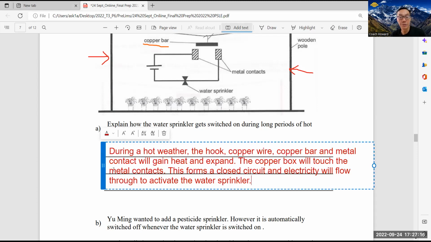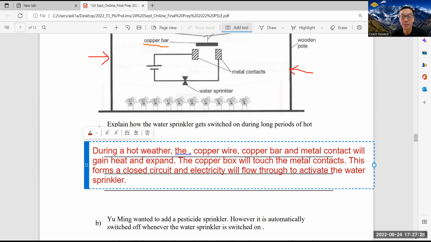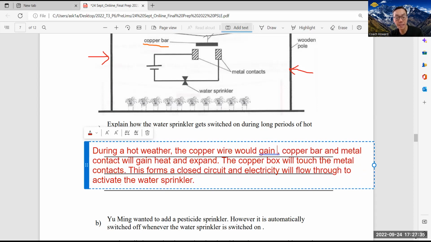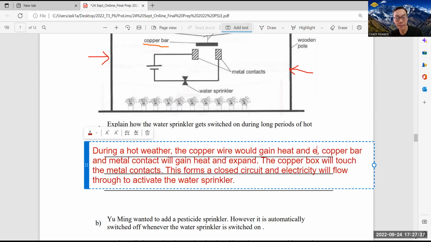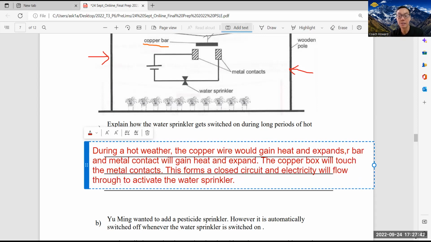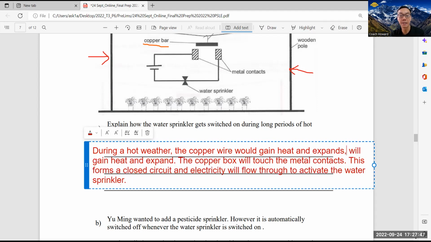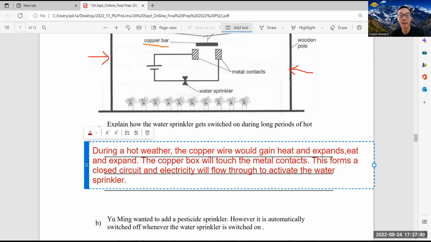Okay, so you write down this one. During hot weather, maybe instead of writing the hook, I just say the copper wire, easier. The copper wire would gain heat and expand, lowering the copper bar, correct?